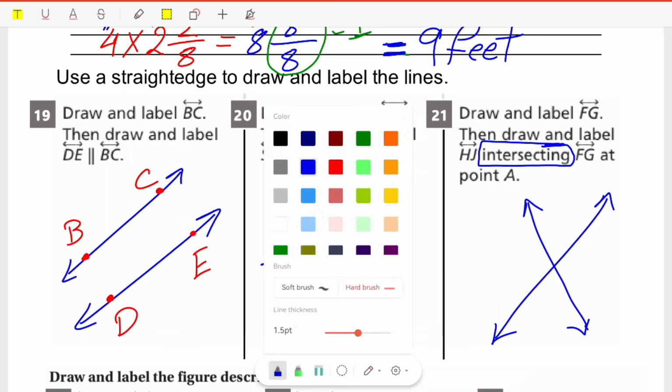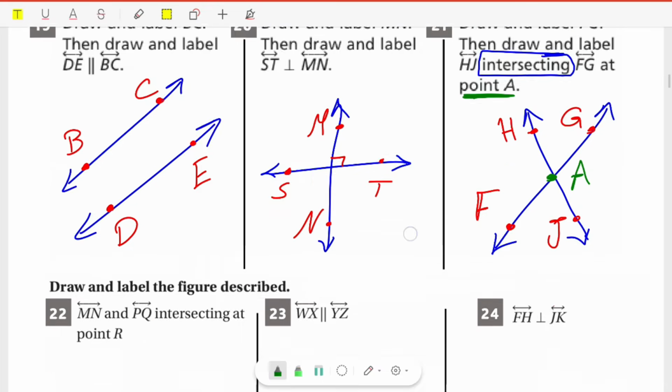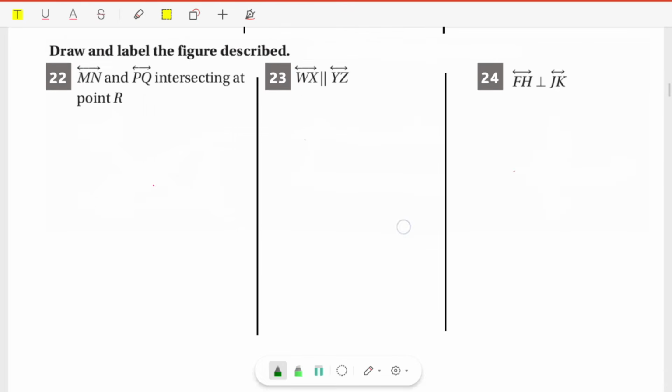So don't forget to put the points here, H, J, and here's F, G. And remember, you have to put the intersection point, as mentioned here, A. That's great.